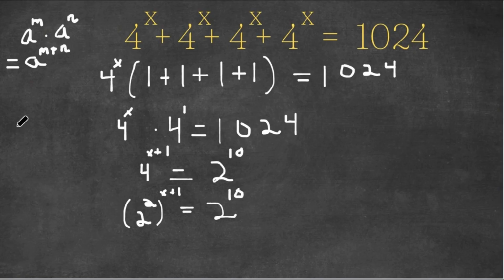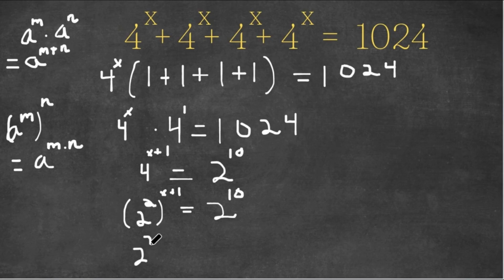Now, if we have an exponent in the form a to the power of m to the power of n, this is actually equal to a to the power of m times n. So we have 2 to the power of 2 to the power of x plus 1, and this is going to equal 2 to the power of 2 times (x plus 1) in parentheses. Remember, it's going to be in parentheses.